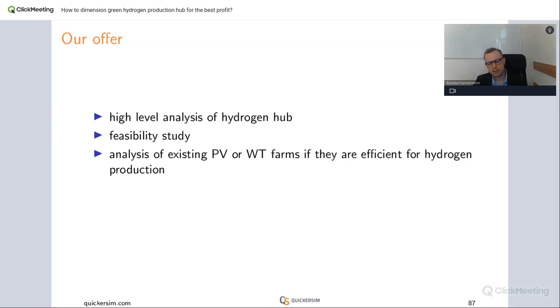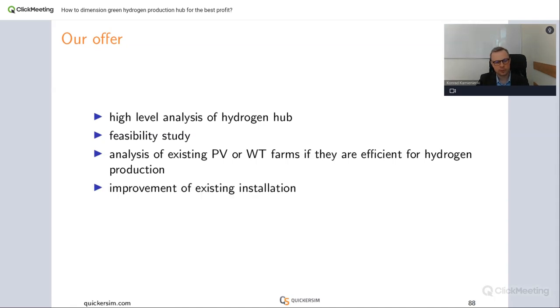Sometimes you are not thinking about building a brand new photovoltaic farm. Sometimes you already have photovoltaic farms or wind turbines, and you think about hydrogen production. So we can reverse the problem. Instead of assuming that we want to produce, I don't know, 1,000 kilograms daily, we can calculate what is the optimum hydrogen production based on your renewable resources.